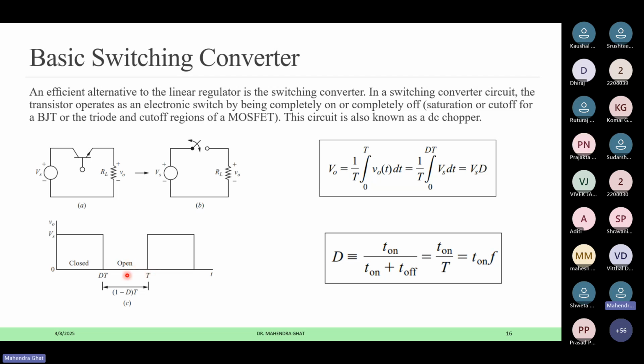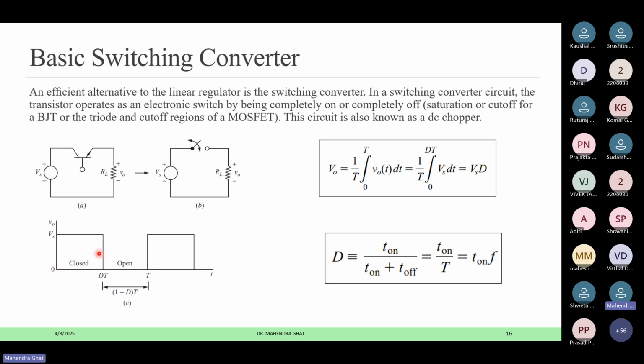So whatever time period, this is the time period where we are operating in either switch on or switch off position. D equal to 0.5 means for half of the time I am turning on the switch and half of the time I am turning off the switch.